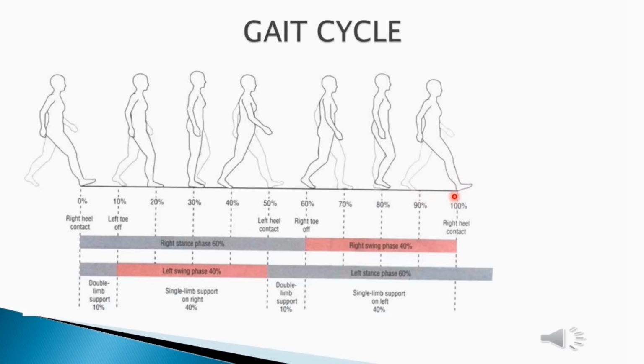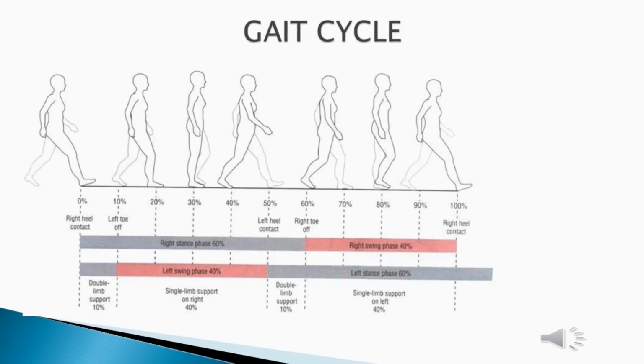One complete cycle involves all of the motions of the right lower extremity from the initiation of stance, all the way through stance, through swing phase, and all the way back to the initiation of the next cycle, beginning again with stance phase.